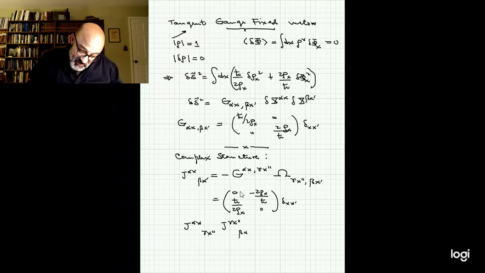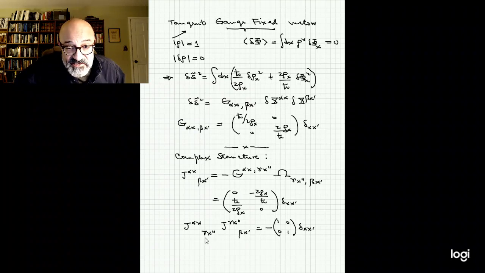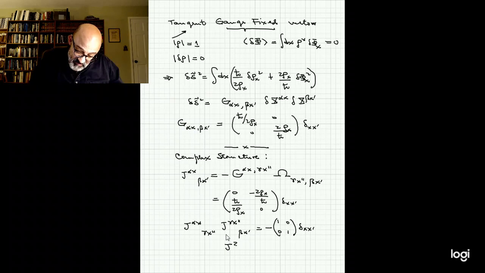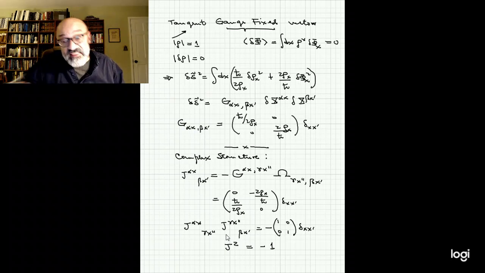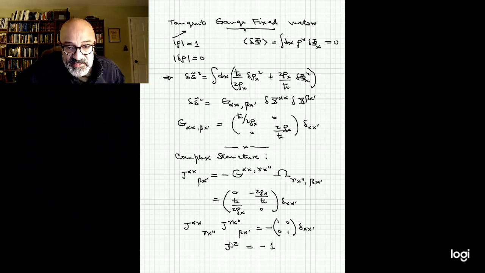Beta x prime. This is going to be minus 1, 1, 0, 0 delta x prime. So you see that the square of J is minus 1, minus the identity. So you have a complex structure.